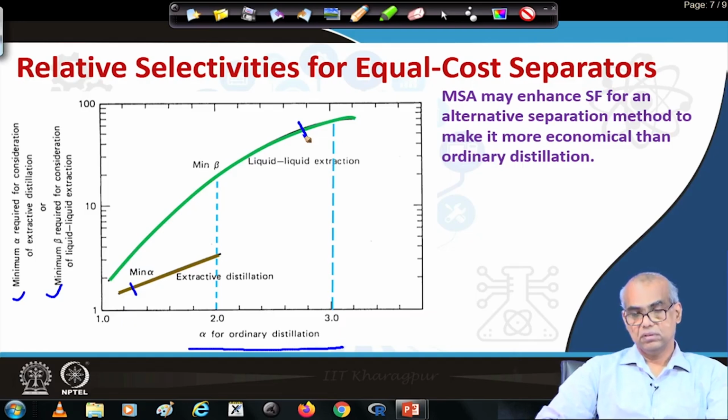This plot has been obtained on the basis of equal cost consideration.